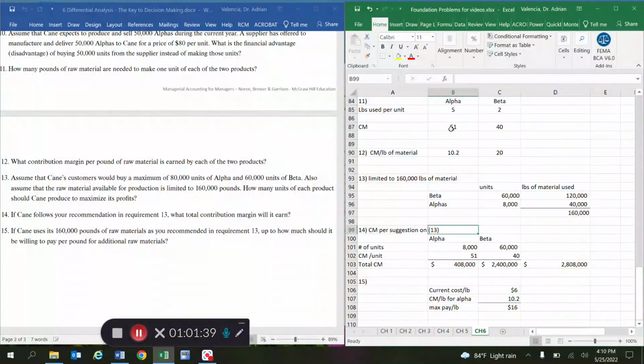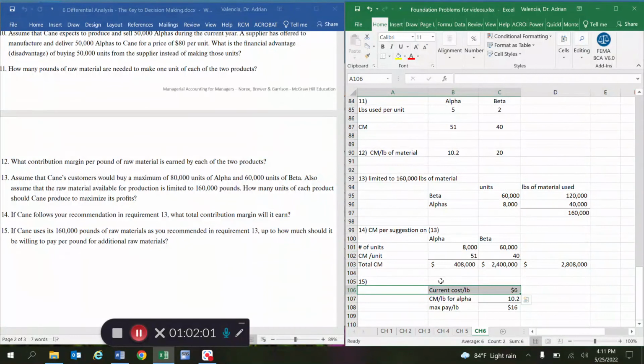Because keep in mind, I'm making alpha as the last one, the one that is going to be made with the remaining materials. So at this point, I would say, okay, even though I could pay currently $6 per pound, I'm still profitable in terms of contribution margin by $10.20 per pound.